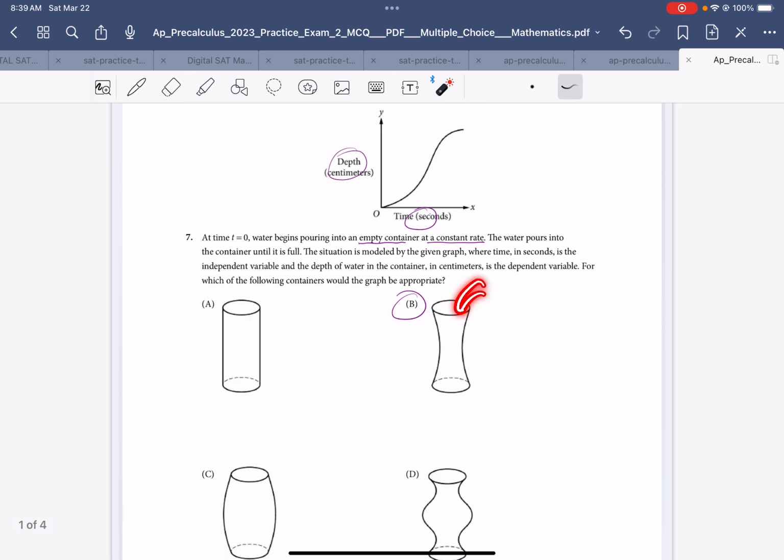When you pour the water here, since this area is a lot bigger on the bottom compared to this, the height goes up faster. So it increases here, but after this point, this is the fastest in the middle. That's why it's steeper. And then it has a much bigger surface area, so it feels like it's getting slower. So the answer has to be B.